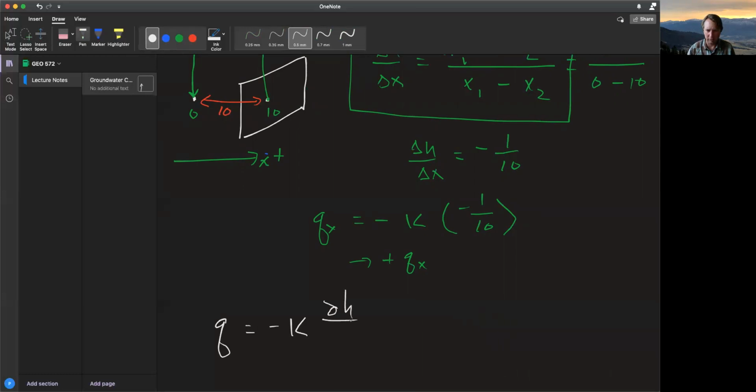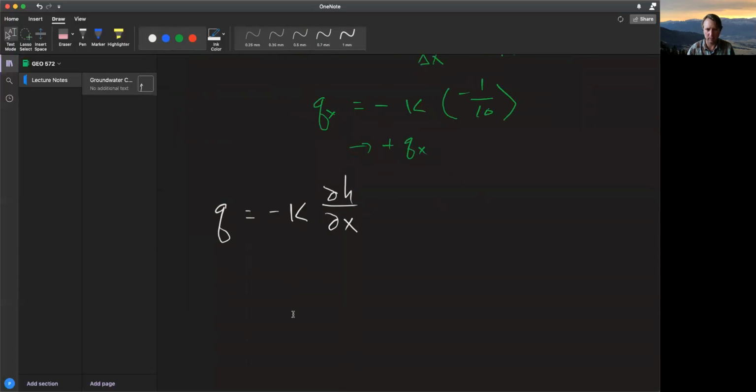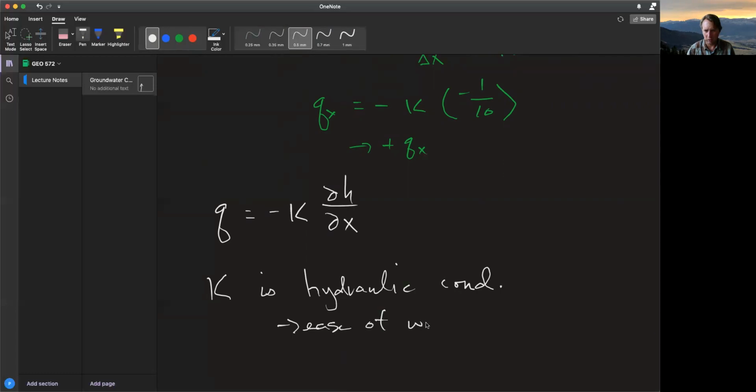It just says that the flux is linearly related to the gradient, and the relation here is this hydraulic conductivity K. K is hydraulic conductivity, and that's the ease of water flow.